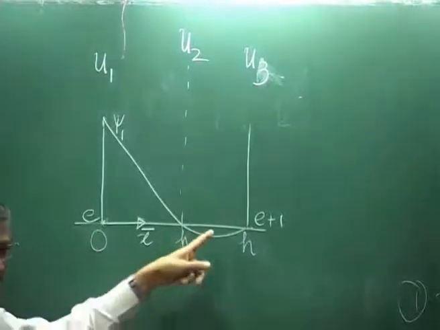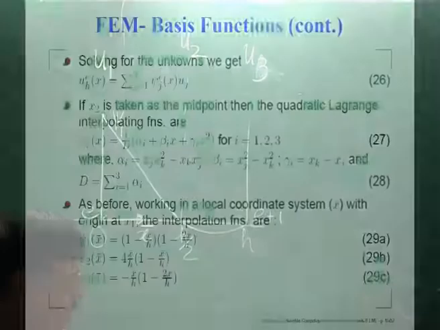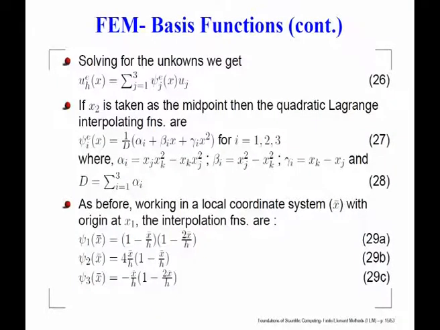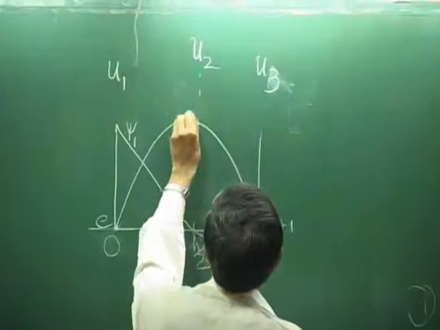It is 0 here and it is 0 there, and that is ensured by, you can note that when x bar equal to 0 or x bar equal to h, this product is 0, right. Whereas it achieves its maximum when x bar equal to h by 2, and that is what you are getting. Your psi2 would be a function which will be like this. So, that is your psi2.